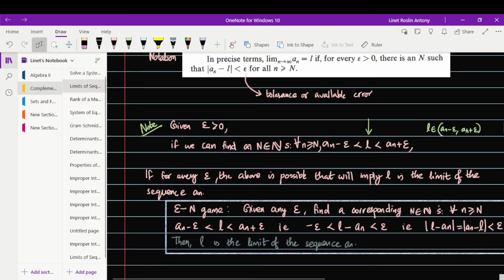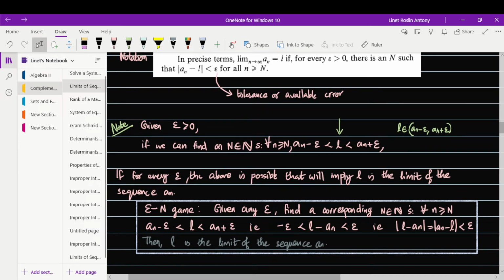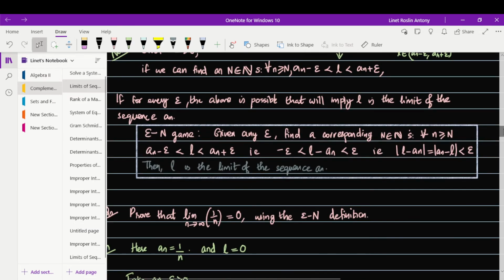You can think about this as a game, the epsilon capital N game. Given any epsilon greater than 0, find a corresponding N belonging to the natural numbers such that whenever small n is greater than or equal to N, this L is lying strictly inside an minus epsilon and an plus epsilon.